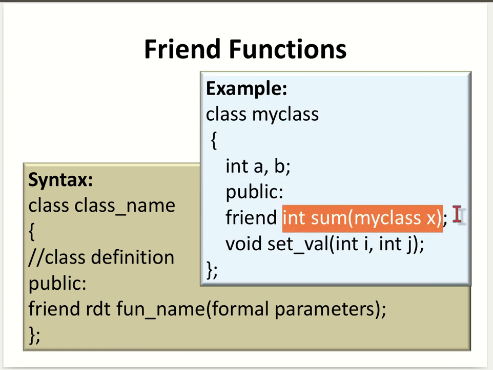This is the prototype of sum, and it is accepting one my class object. If you mention it like this, it can access a and b, which are private in my class, and we can use it if we mention it as a friend to my class.